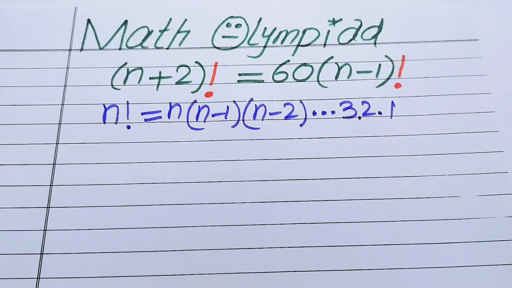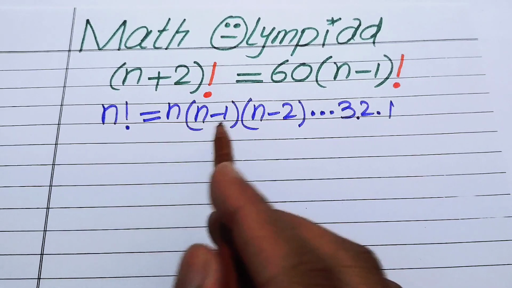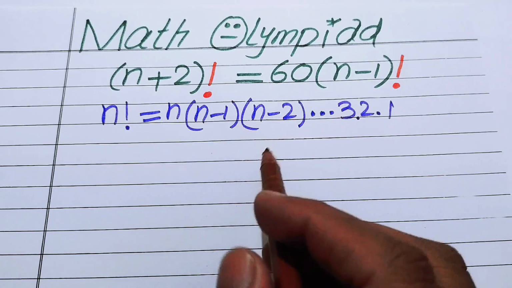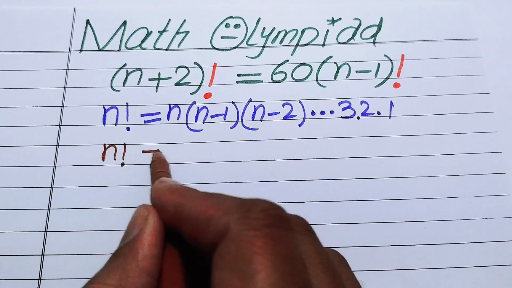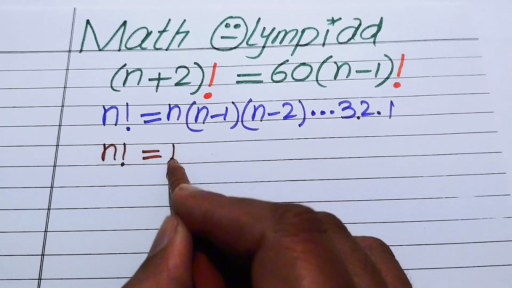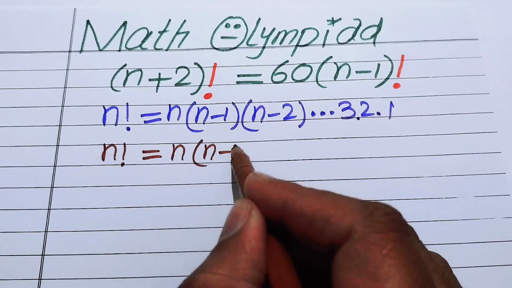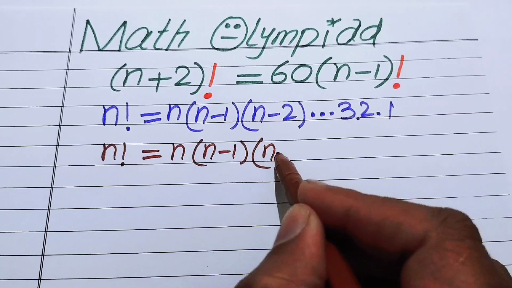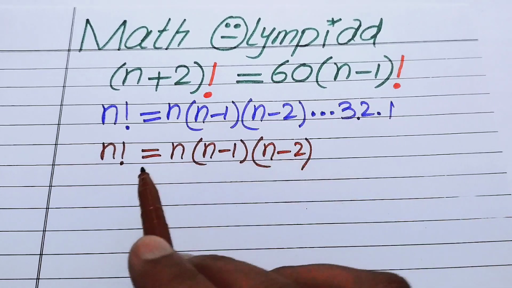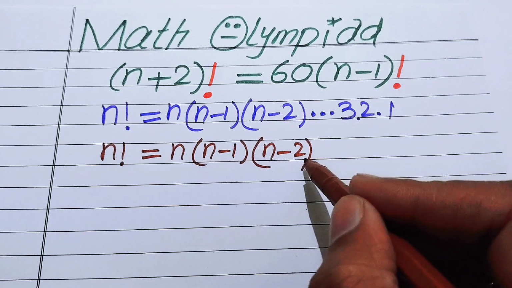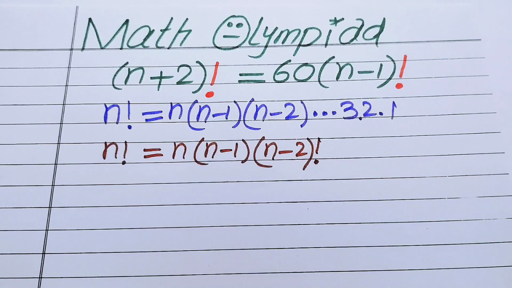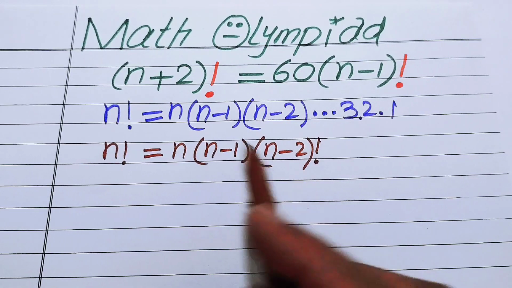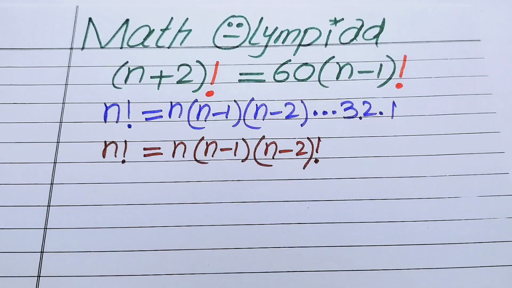Similarly, you can open the factorial sign and break this multiplication at any point. I can write n factorial equals n times (n-1) times (n-2), and if I break this product at (n-2), then I can write the factorial sign there. So now I can use this technique to open these factorials, and after that we will find the values of n.